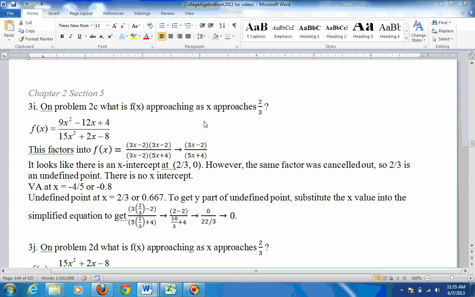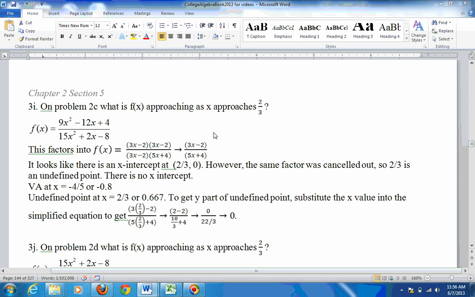3i says on problem 2c, what is f of x approaching as x approaches 2/3? Well, here's problem 2c. It factored into this, and a 2/3, look, that's what's going to make this 0. So you would think it's an x-intercept, but it isn't, because that's the same term that got canceled out. So it's actually an undefined point. But now this is saying what is the y value of that undefined point, and the y value of that undefined point was 0.